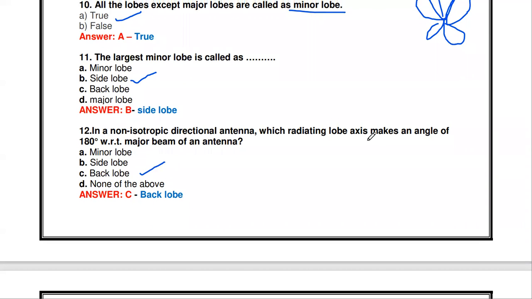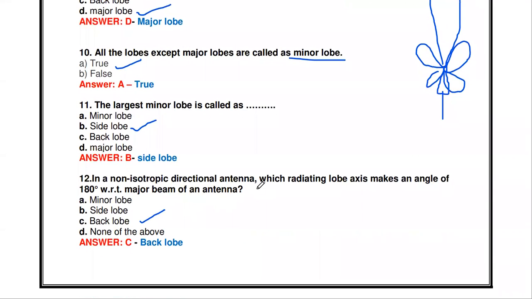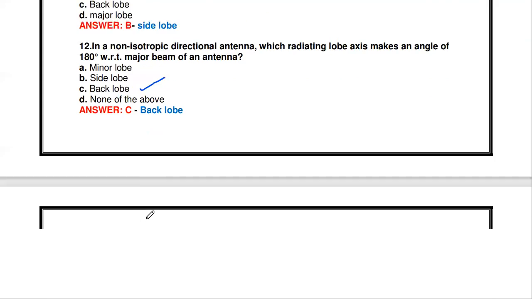What does that mean? For the major loop, at 180 degrees opposite, we get a minimum amount of radiation. This is said to be the back loop.